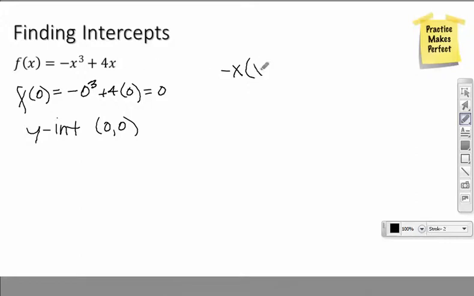That's going to leave me with a positive x squared minus 4. And now that x squared minus 4, if we remember back to our factoring, is a difference of squares. So that's pretty easy to factor. The only math thinking we have to do is what's the square root of x squared, what's the square root of 4.